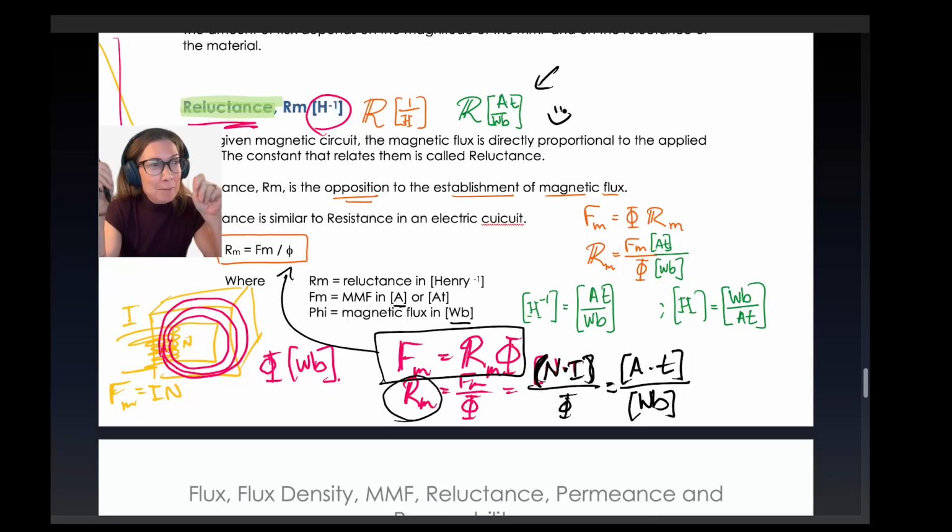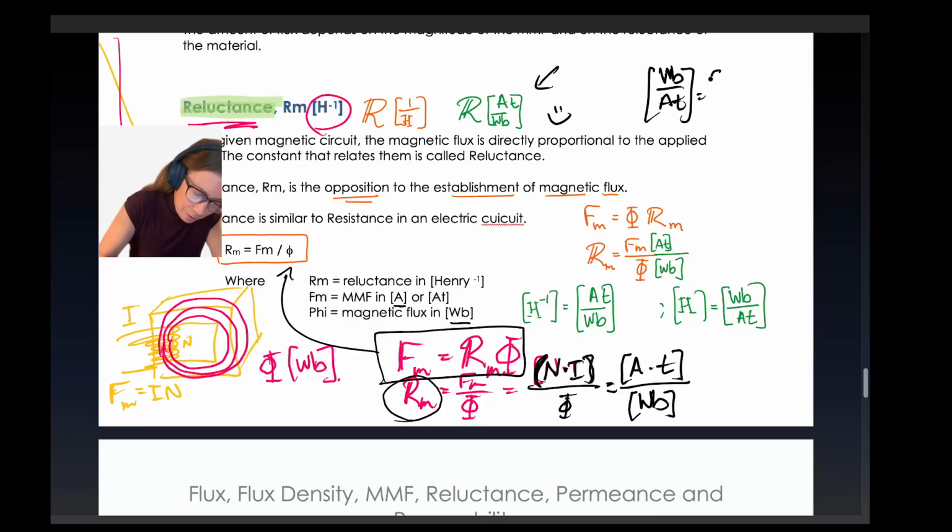So Henry came up after Gauss came up to replace Tesla when Tesla was replacing Weber. Now, this Henry guy came up and he said, "Oh, Webers. I want to call the inverse of reluctance Henry, actually. I want to call a Weber per amp turn a Henry." So he said, hey, if you have a Weber per amp turn, I want to call that Henry.